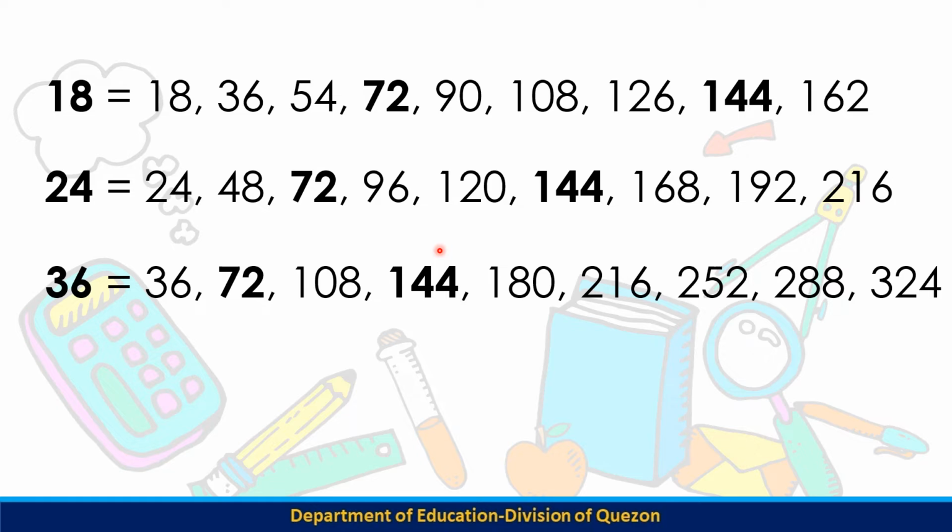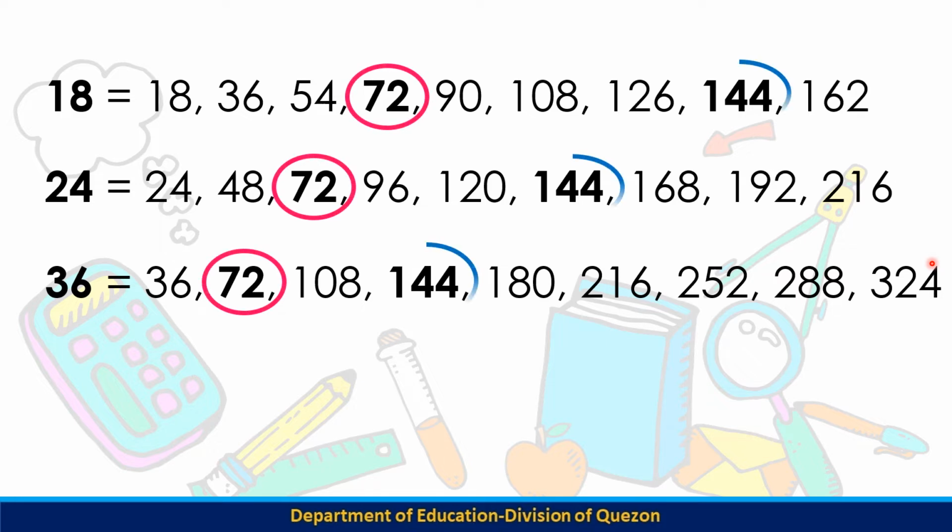Now, what are the common multiples of these numbers? Ano-ano po yung magkakaparehas sila? Let us see. We have 72 and 144. The common multiples for 18, 24, 36 are 72 and 144.